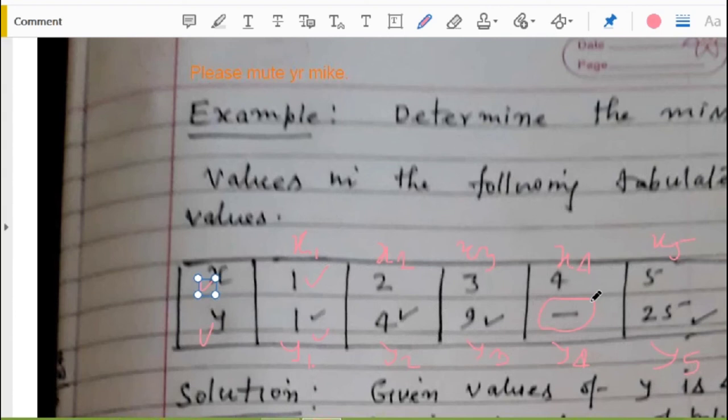Look at how much computation we have for finding even one missing value. If both missing values and tabulated values are many, then we need to program it, using a computing language, scientific language, or some software. Then and only then can we compute it.